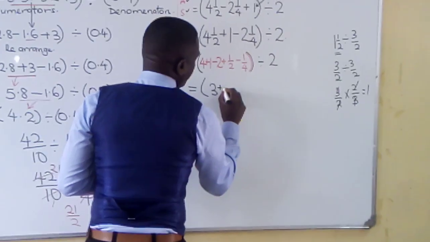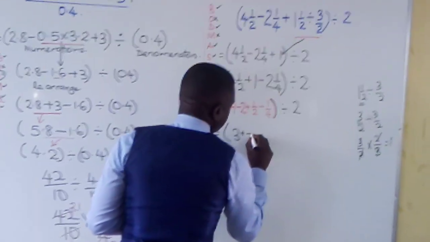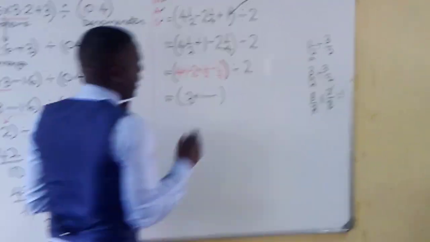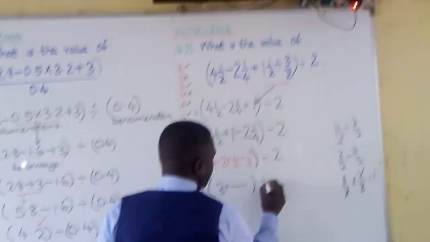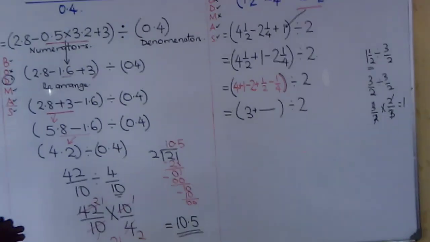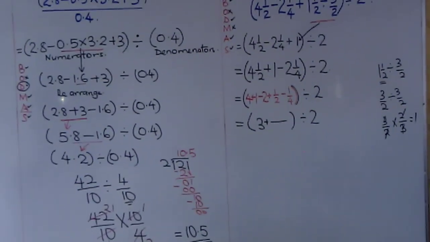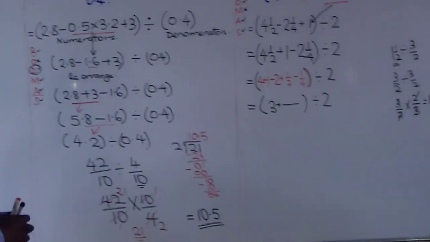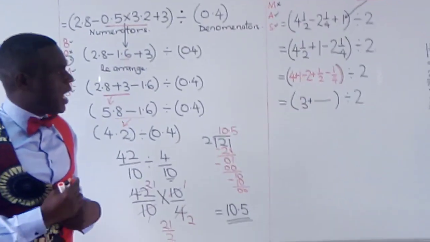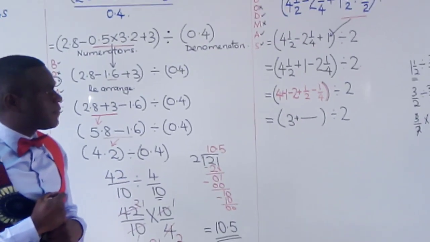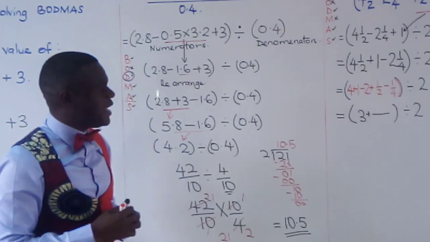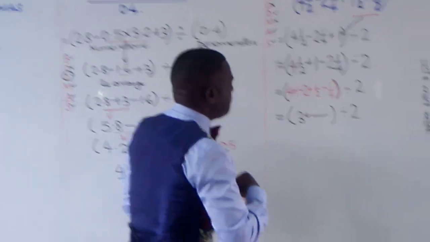Then we are getting the LCM of 2 and 4. What is the LCM of 2 and 4? Boys and girls, somebody help me here. Deborah. Very good, Deborah. The LCM is 4.